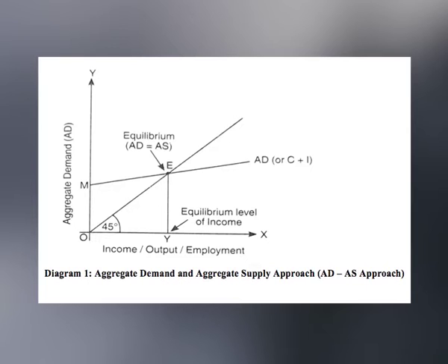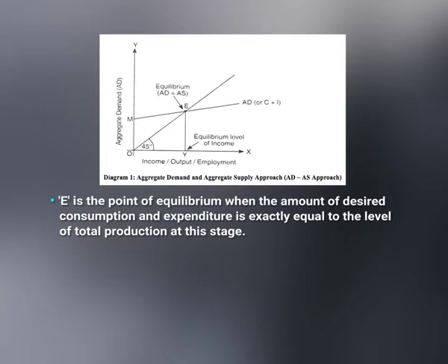At point E, the economy is in balance, where the 45-degree axis intersects the C plus I curve. E is the point of equilibrium, when the amount of desired consumption and expenditure is exactly equal to the level of total production at this stage.